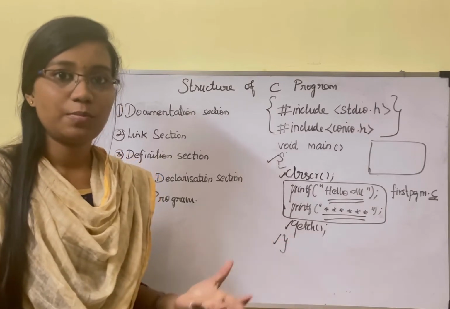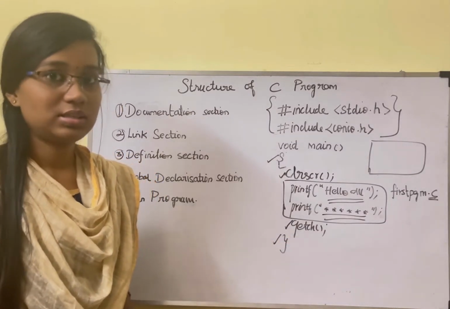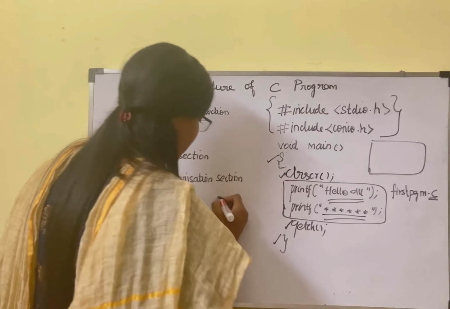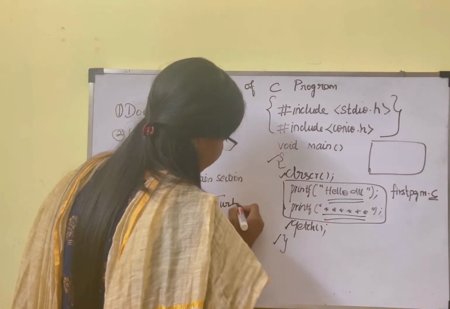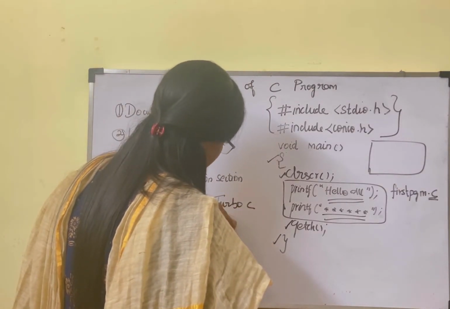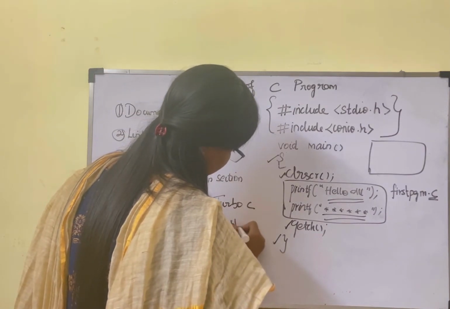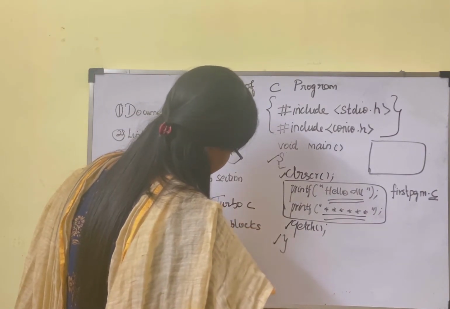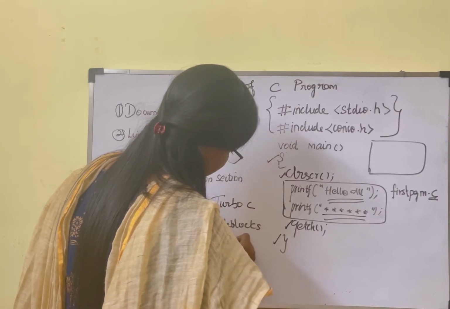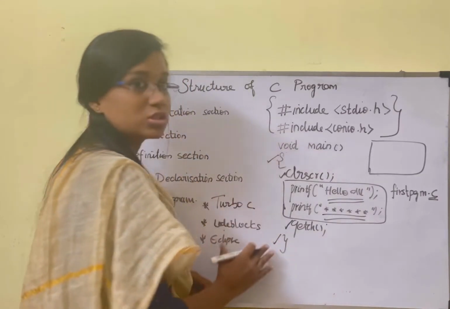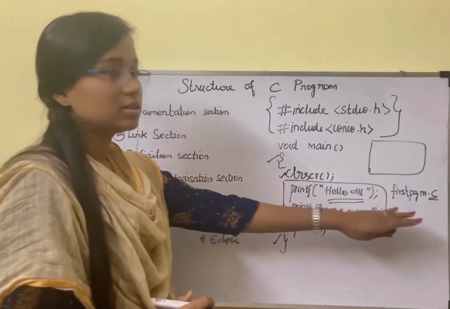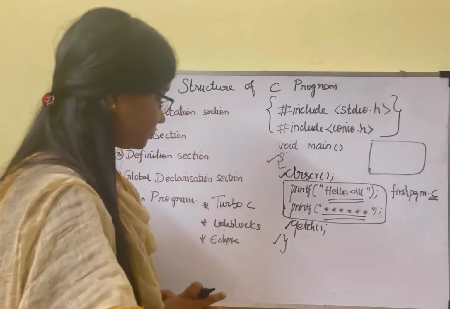We have to write a C program only in software which supports C. For example, Turbo C, Code Blocks, Eclipse. These are a few softwares which support the C programming language.